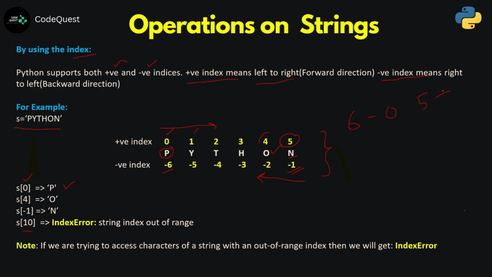Any positive index beyond 5 is considered an index error. Very similarly, if I'm going for a negative index, -1 to -6 I can go. Anything beyond this, suppose I'm trying to use -7 or -8, which is not in this range, we are going to get an index error.